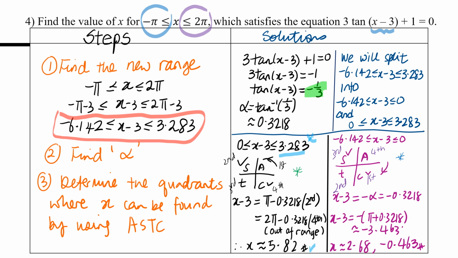That gives you negative 3.463. Then finally, you find x. So the first answer will be negative 0.3218 plus 3. That gives you 2.68. Then the second answer will be negative 3.463 plus 3. That gives you negative 0.463.